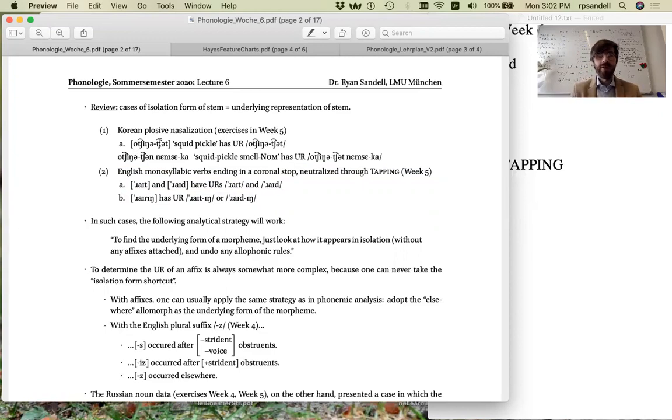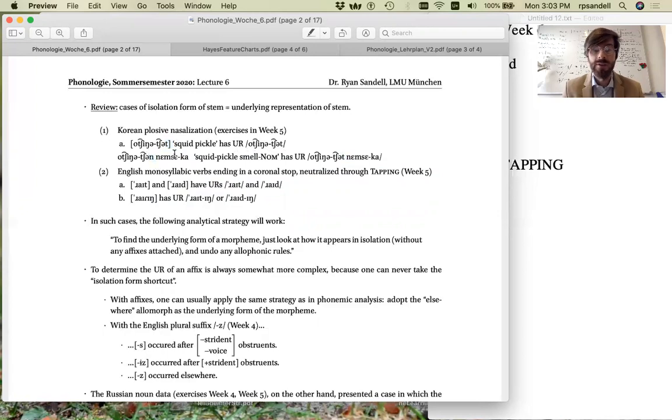So for instance, the compound meaning squid pickle, ochinachat, when we add another word in the nominative case, nemsa, meaning smell, before that, we see that the underlying stop T at the end of the word squid pickle here becomes nasalized.